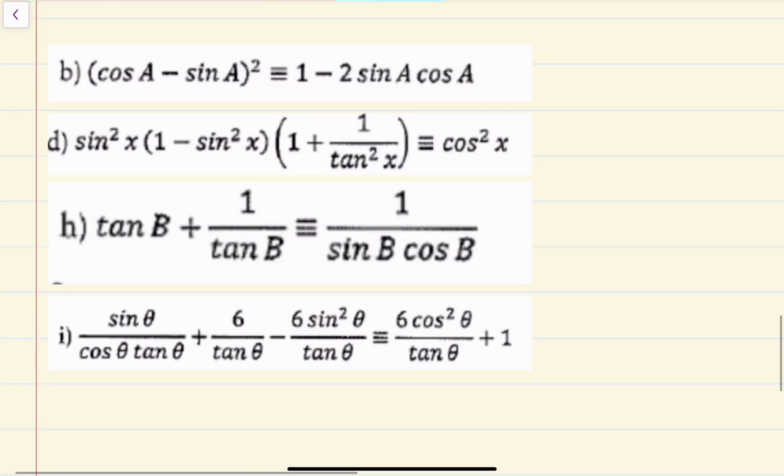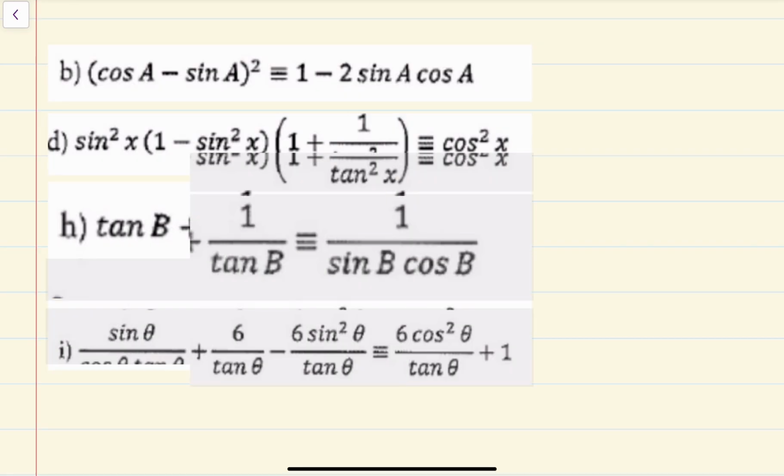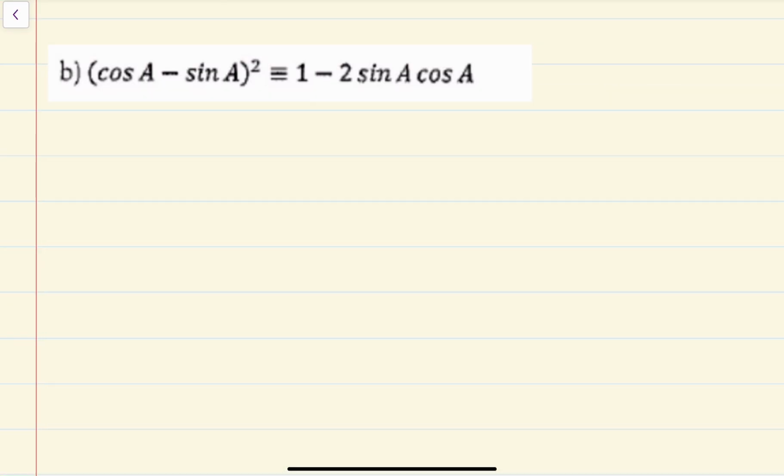Okay, next one, try not to make any mistakes in this one. It said cos of a minus sine of a, squared, is identically equal to 1 minus 2 sine a cos a. So we're going to look at our left hand side. It was cos of a minus sine of a, squared.